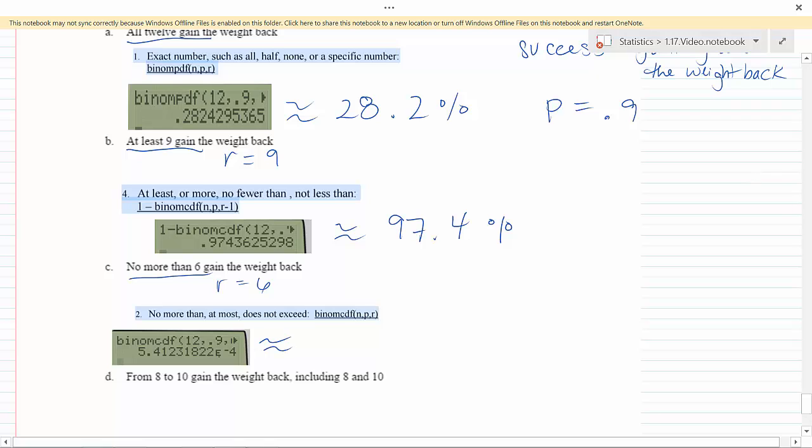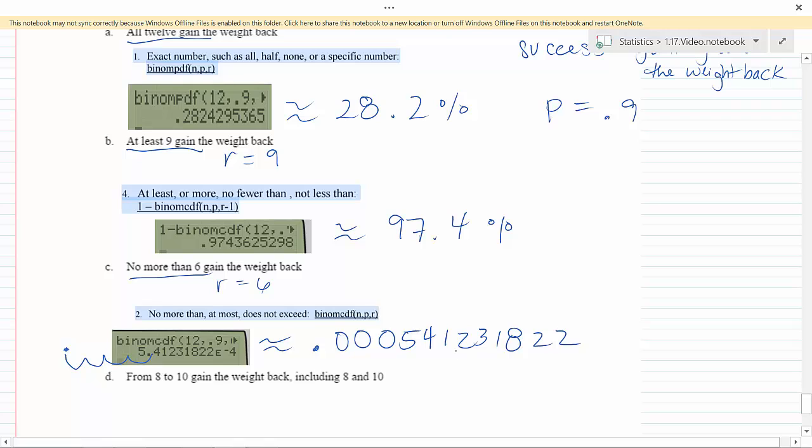So it says E negative 4. That means the negative means I'm moving the decimal point to the left, and the 4 means I need to do it 4 places. So I take that decimal and I move it 1, 2, 3, 4 places to the left, which means this has 3 zeros in front of it, and then a 5, 4, 1, 2, 3, the rest of the decimals.